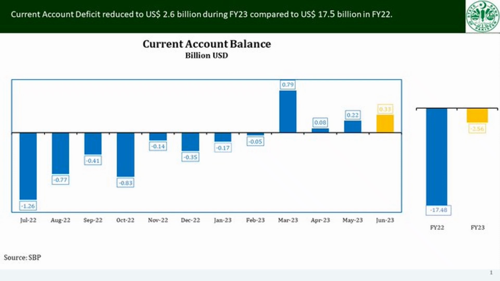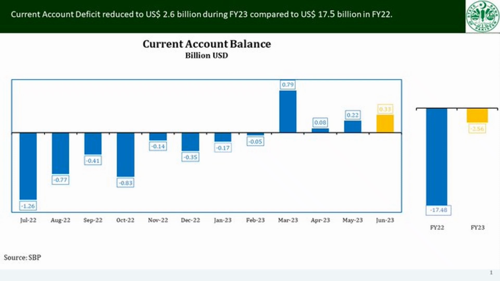Then November, $0.14 billion. Then December, January, February, and then finally in March, the current account did not incur a loss but a surplus. Current account surplus, we got a surplus in March 23, and it was $0.79 billion.